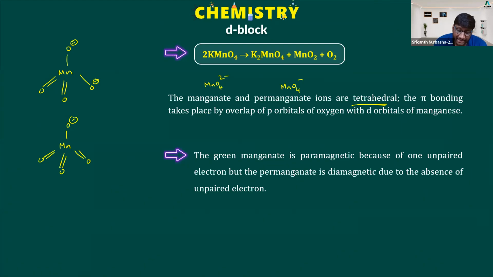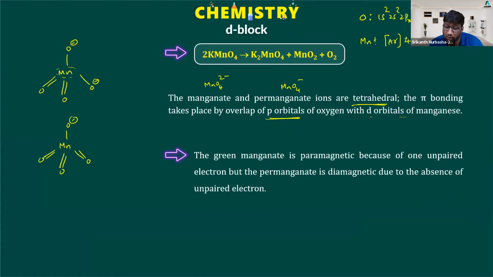The pi bonding takes place by overlapping of p orbitals of oxygen with the d orbitals of manganese. Manganese is a d block element. Oxygen's electronic configuration is 1s2, 2s2, 2px2, 2py1, 2pz1, so 2py and 2pz have only one electron each. In manganese, you have argon 4s and 3d.